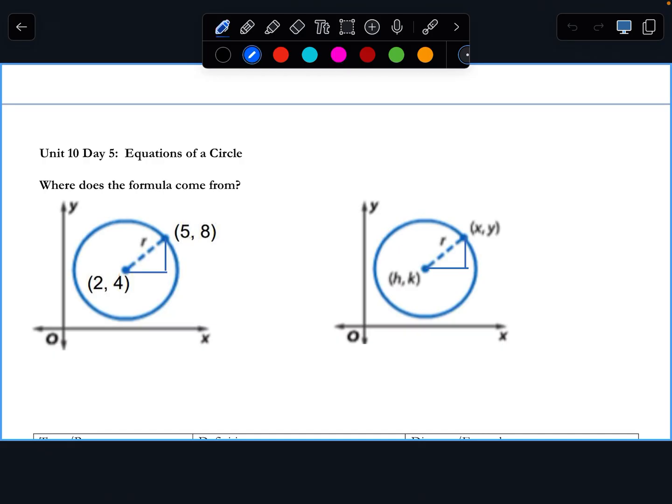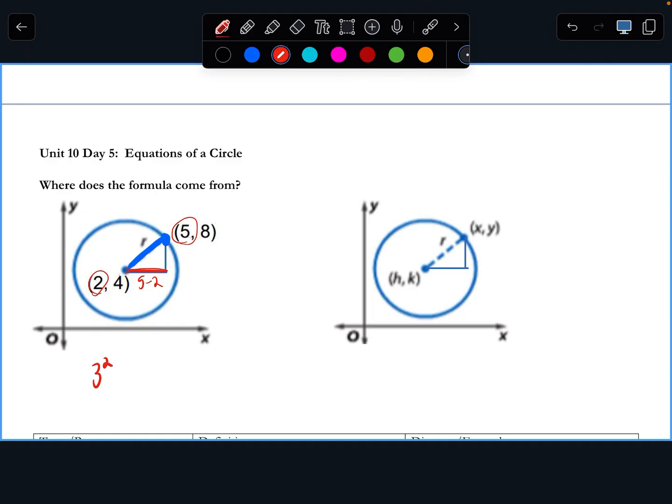So what you are going to do, like if you were doing ones with numbers, okay, I'm going to do blue as the radius just to keep consistent here. To get this exact point, what you would do is the difference between the x's. So you would go 5 minus 2. You probably could just do that in your head. You would just be like 3, because between 5 and 2 is 3, right?